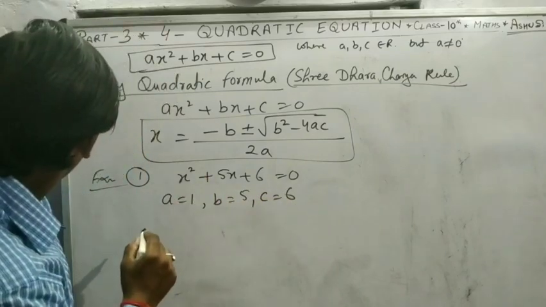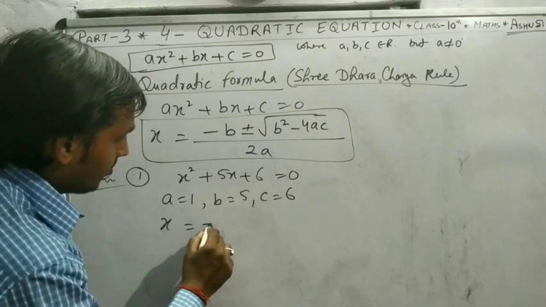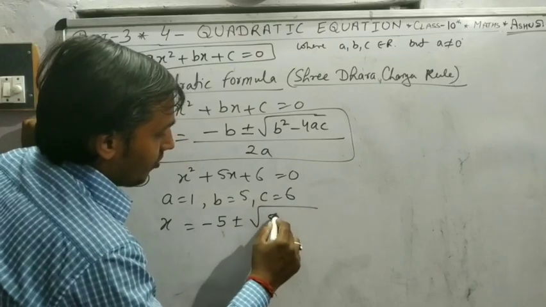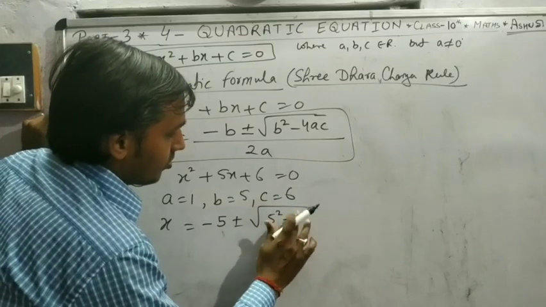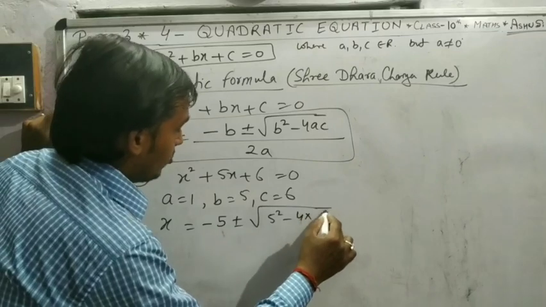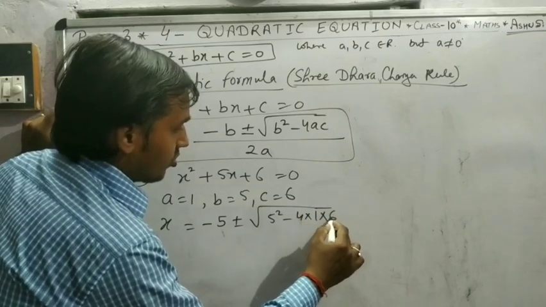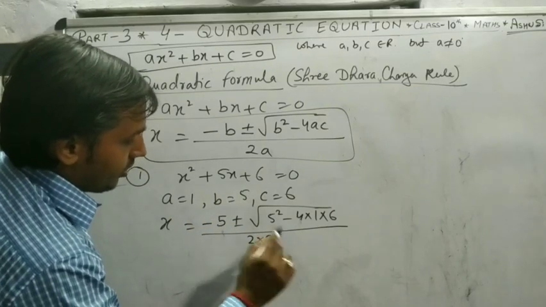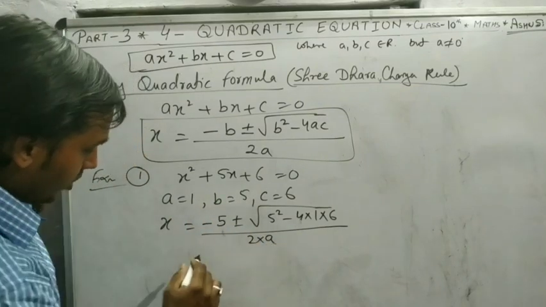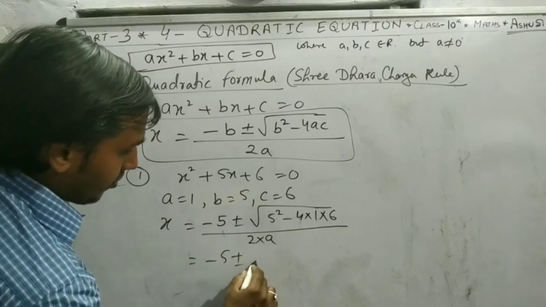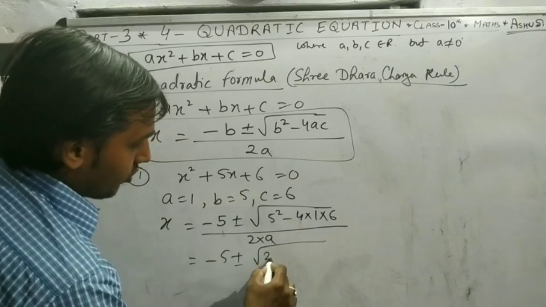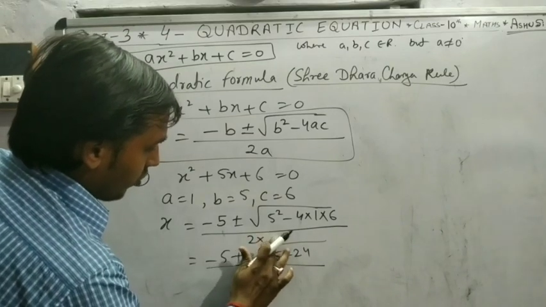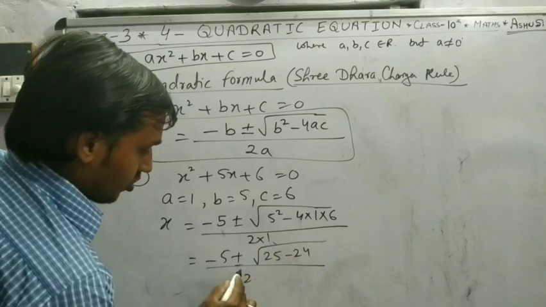Then put in the formula: minus b plus minus square root of 5 square minus 4 into a into c, upon 2 into a. Okay, then minus 5 plus minus square root of 25 minus 24, upon, the value of a is 1, 2.